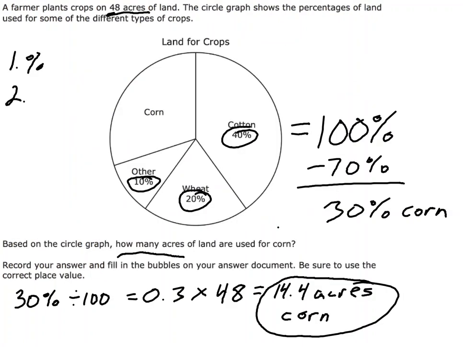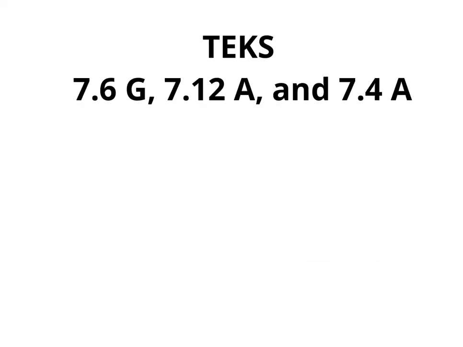And then if you are missing a percent, but you have all the rest, you just take 100%, subtract the sum of all these other percents, these other categories, and then that will let you know the percent of the category you're missing. All right, and so that is 7.6G, 7.12A, and 7.4A.